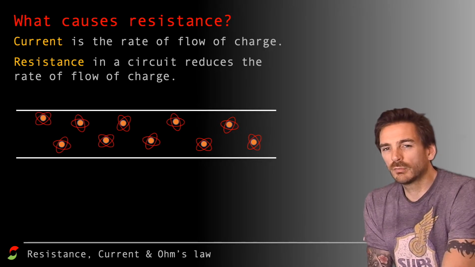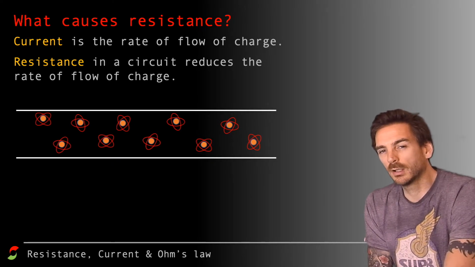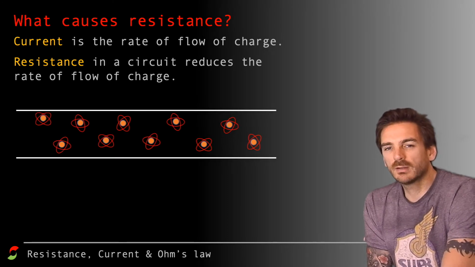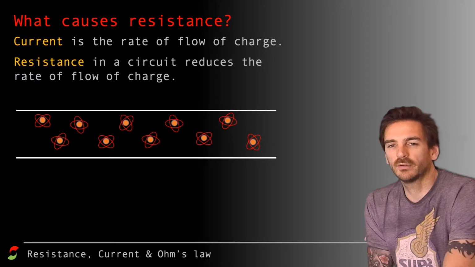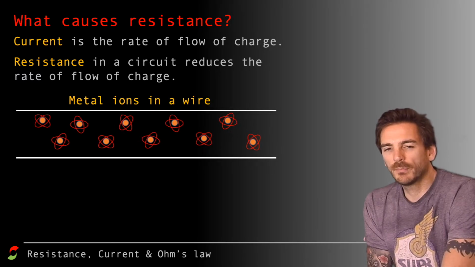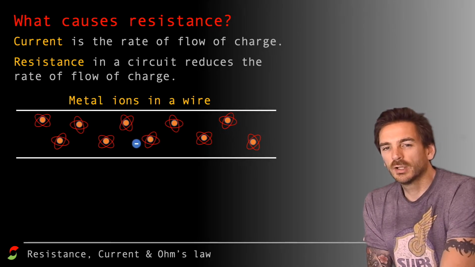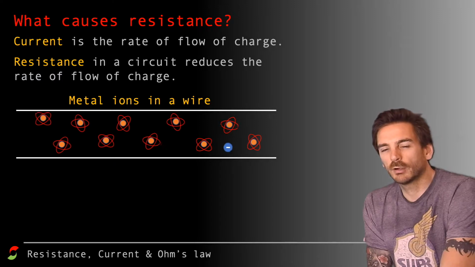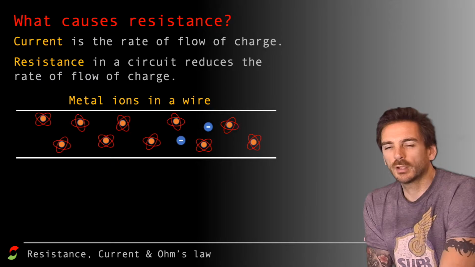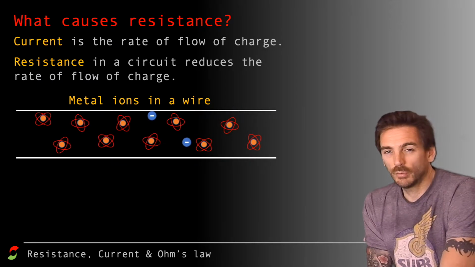So this animation now represents a better picture of what's actually happening in a metal wire. The positive ions are actually vibrating around fixed positions. When the current flows, the charge tries to move about and around those ions, and you can see that if those ions were to vibrate more, then they get in the way more, and there'd be more resistance.